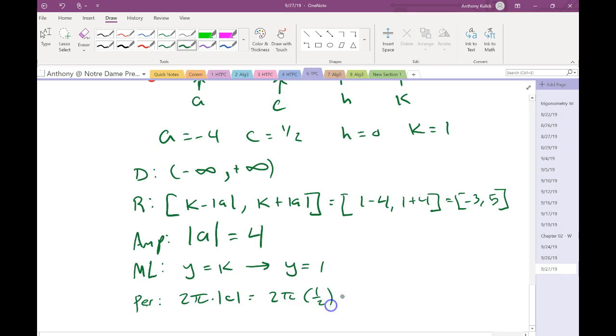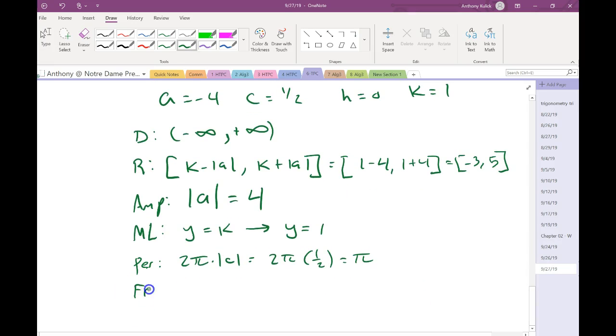So in our case, we have 2 pi times 1/2, so our period is just going to turn into pi. And then my frequency is just 1 over the period. So I have 1 over pi.